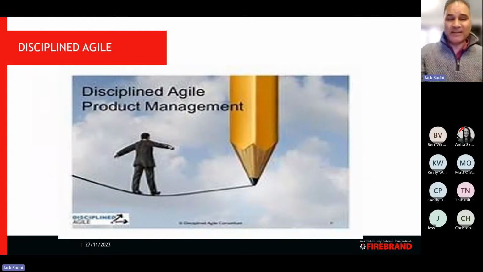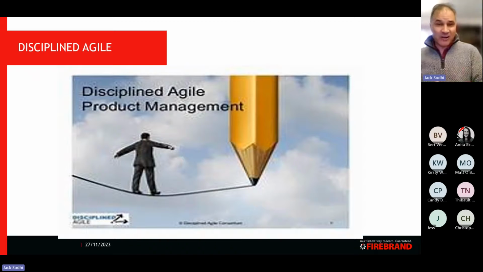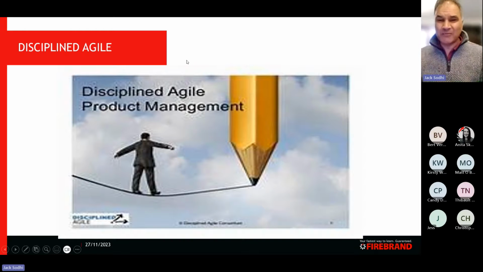Disciplined agile was bringing in different agile methods, so mixing methods together and being more disciplined. And that was where, if you found Scrum too narrow in focus, and RUP, or Agile UP, Agile Unified Process, too prescriptive, then a combination of those would be called disciplined agile.